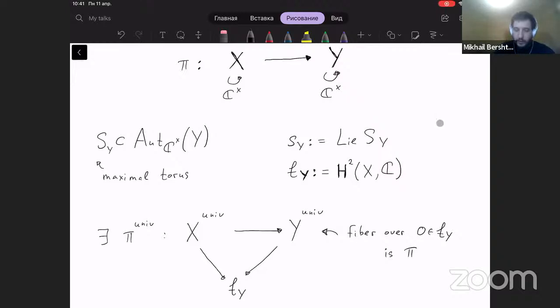If we take the point 0 in Ty, then the preimages will be just X and Y. And for a generic point, in the example before, the map from X to Y will be an isomorphism. Exactly. Let's say that this will always be true: if we are considering a good symplectic resolution, then this map is generically an isomorphism.